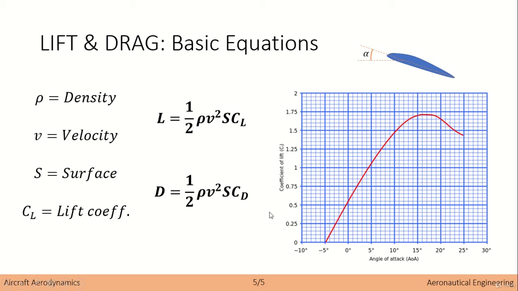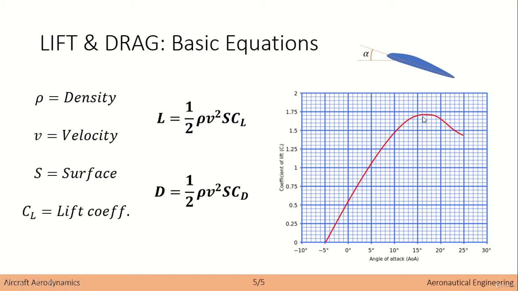Another interesting thing to know is that the coefficient of lift is just a coefficient. It just relates the geometry with the equation, basically. You have this coefficient of lift, which here is 0 at minus 5 degrees, and at some other points is 1.5, 1.6.